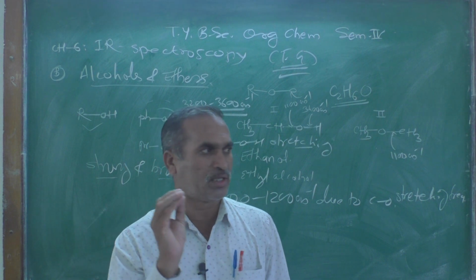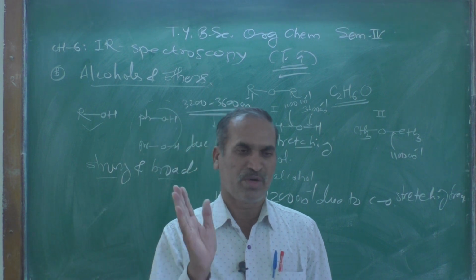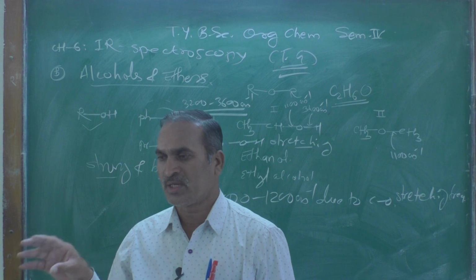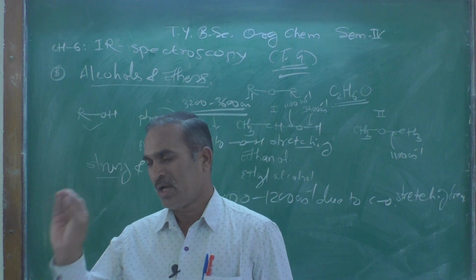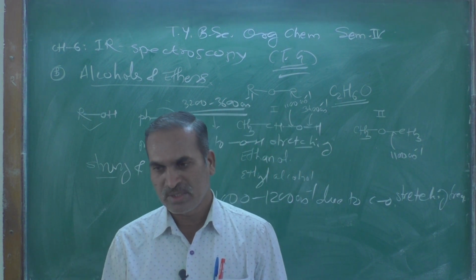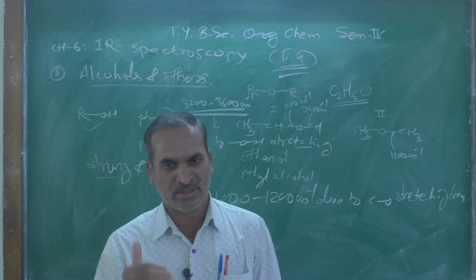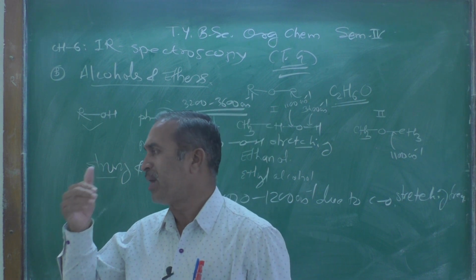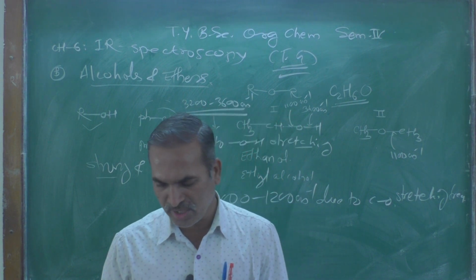When it is attached to an aliphatic group, it is termed an alcohol, whereas when it is attached to an aromatic group, the organic compounds are known as phenols. Alcohols are further classified into three types: primary, secondary and tertiary.